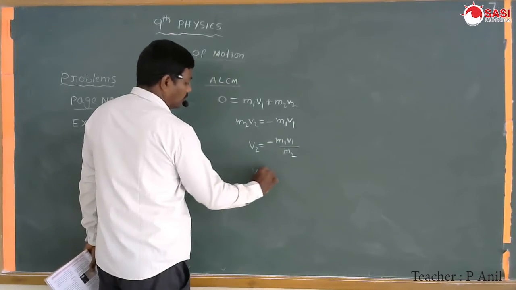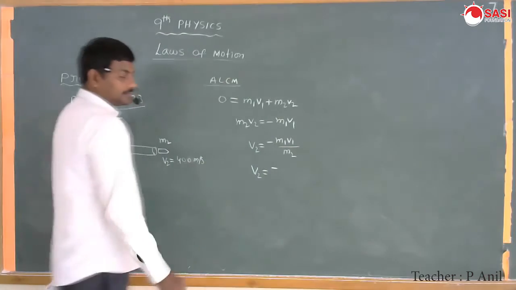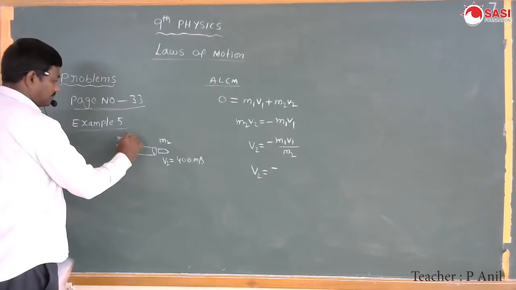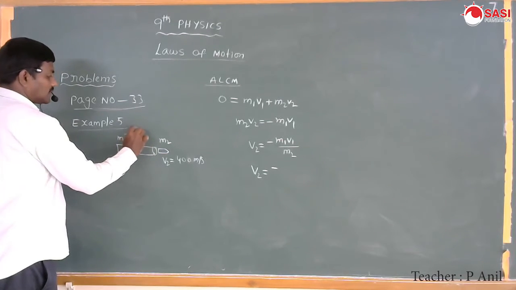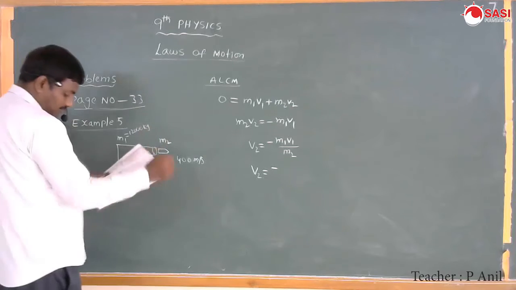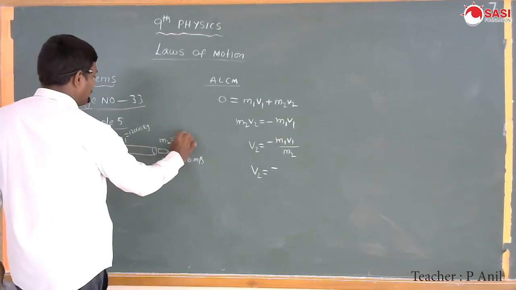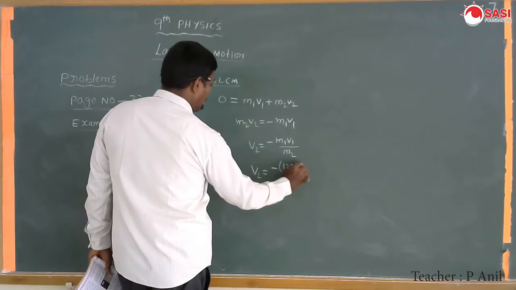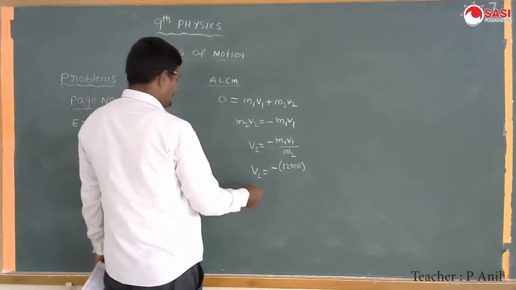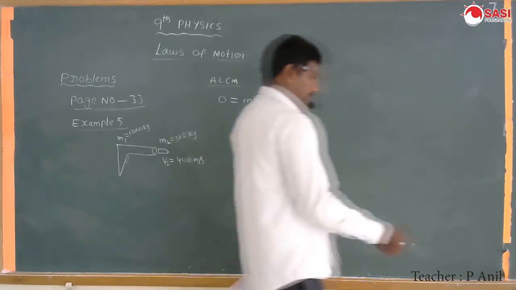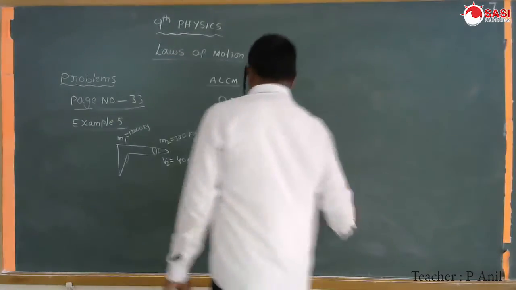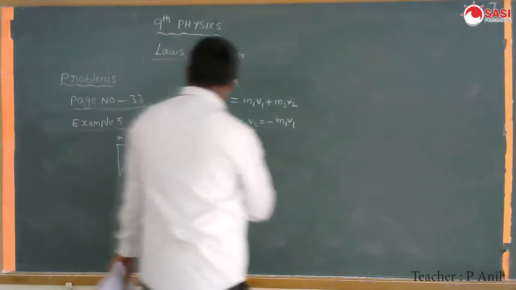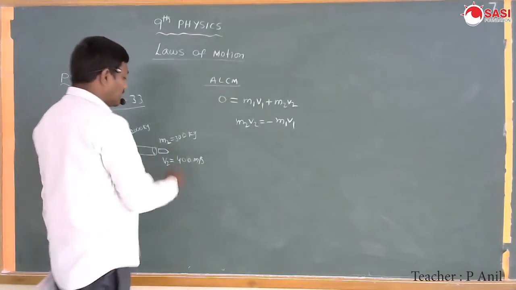The mass of the cannon is given as 12,000 kg and the mass of the bullet is 300 kg. Here, you have to find v1 only.